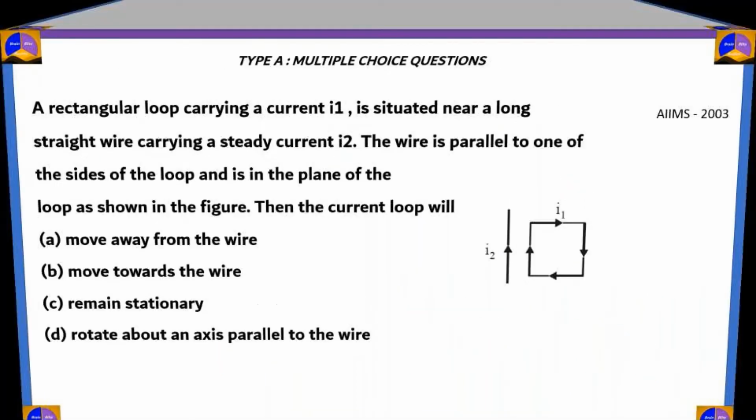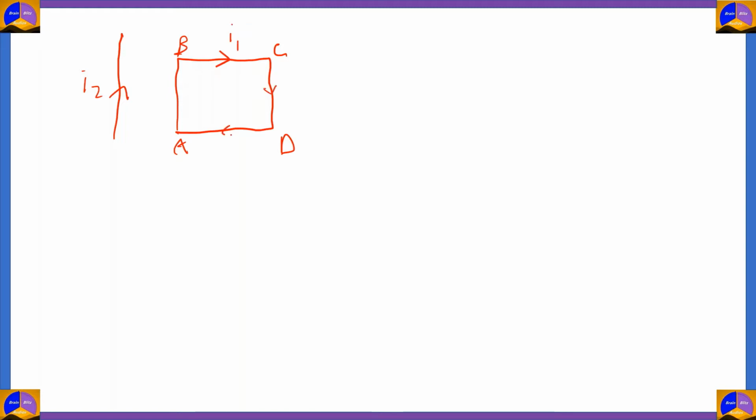So let's redraw the diagram right here. We have a straight conductor with current I2, and we have a coil. Let's christen it ABCD. And the current that's flowing through it is clockwise, and the current is known as I1.